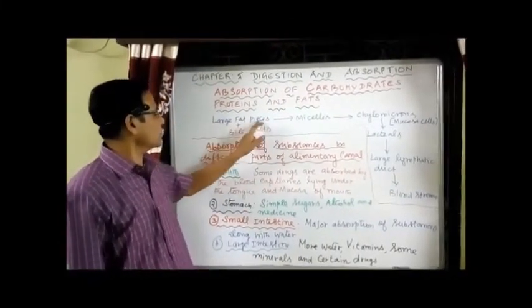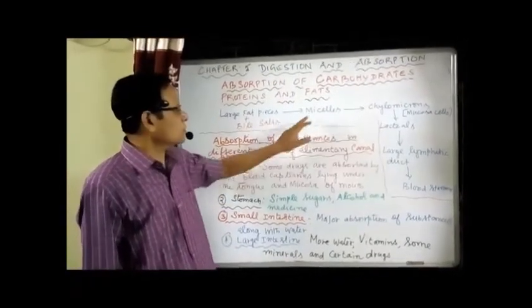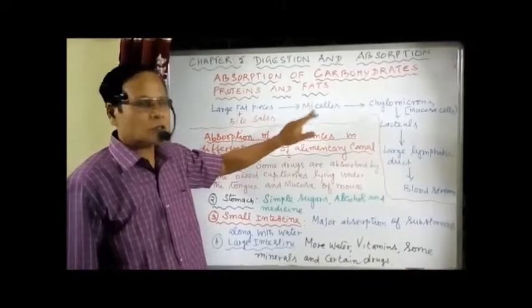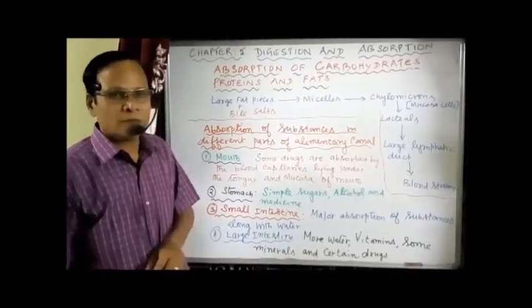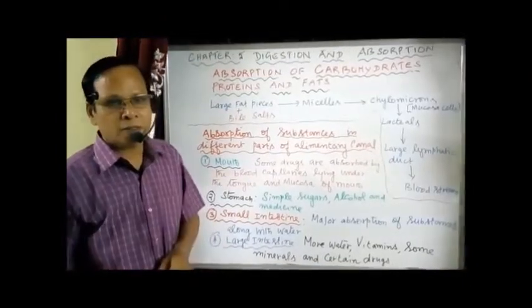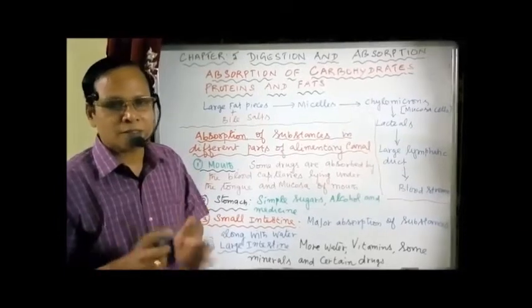The large fat pieces mix with bile salts to form small soluble droplets called micelles. The micelles are acted upon by pancreatic lipase and converted into monoglycerides and fatty acids.